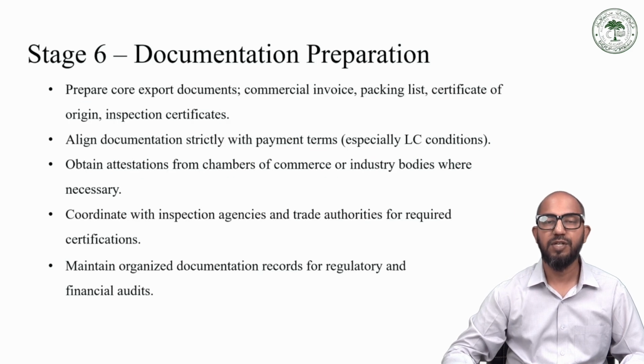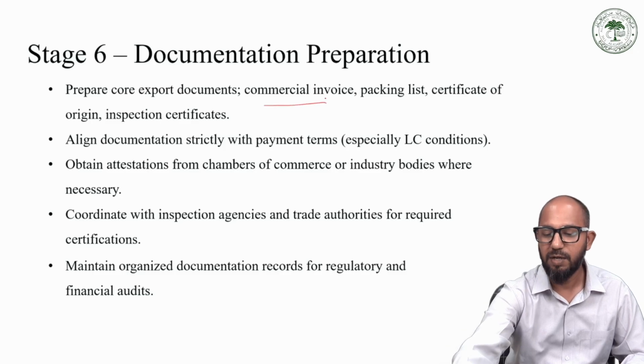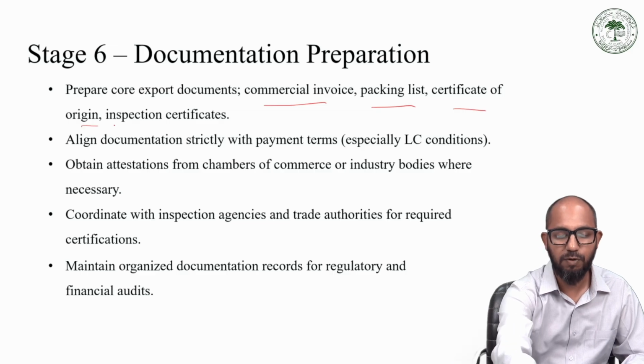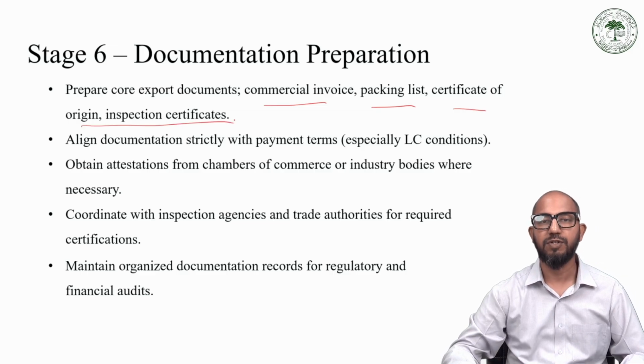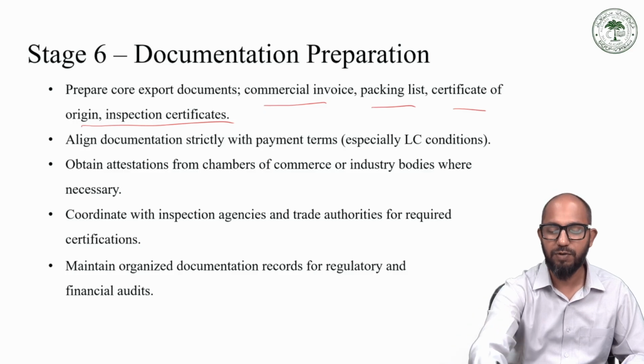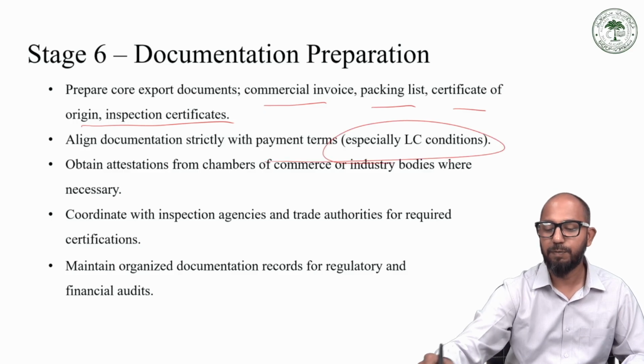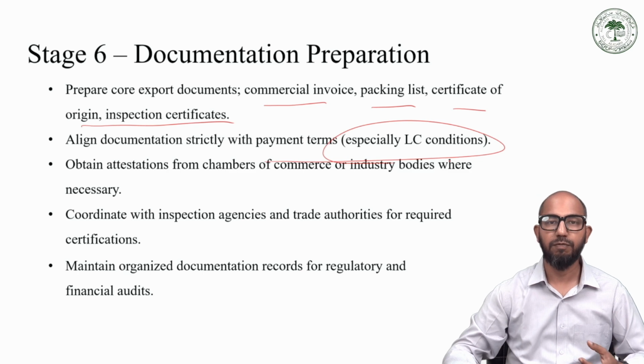The next stage is stage 6, which talks about documentation preparation. In this stage, the exporter prepares core export documents such as commercial invoice, packing list, certificate of origin, and inspection certificates. Documentation preparation should align all the documents strictly with payment terms, especially the letter of credit conditions.